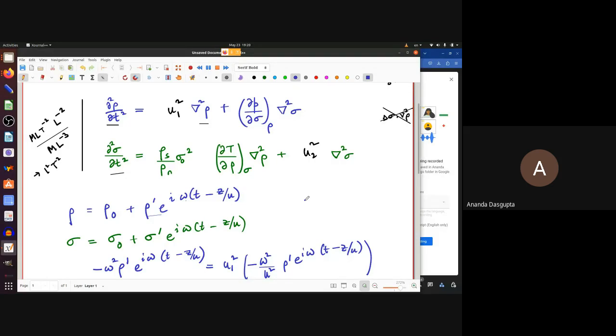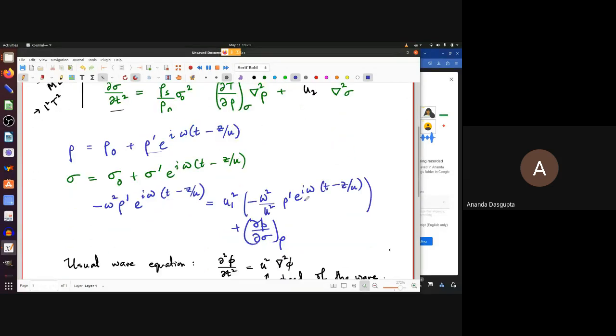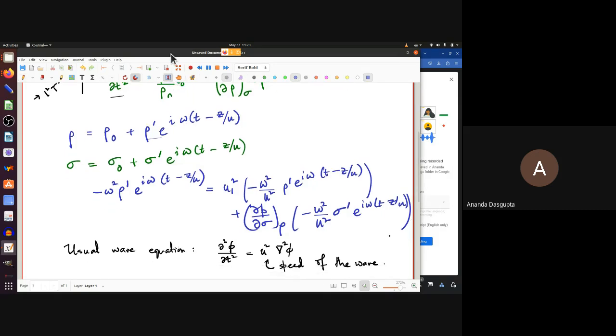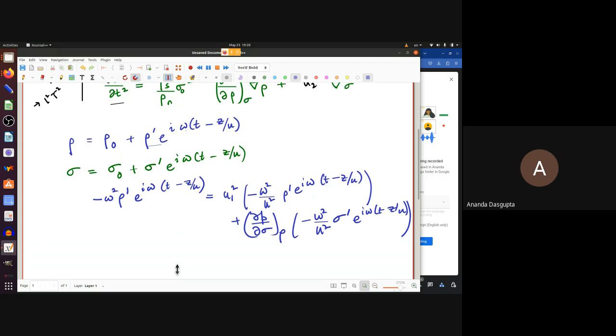But the Laplacian of sigma also has a very similar behavior. It's going to be minus omega square by u square, sigma prime into e to the power i omega t minus z by u. Is that okay?